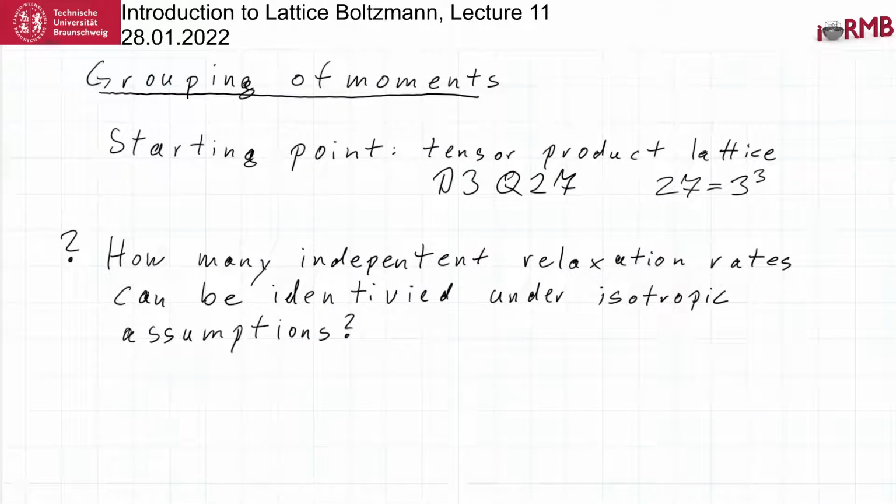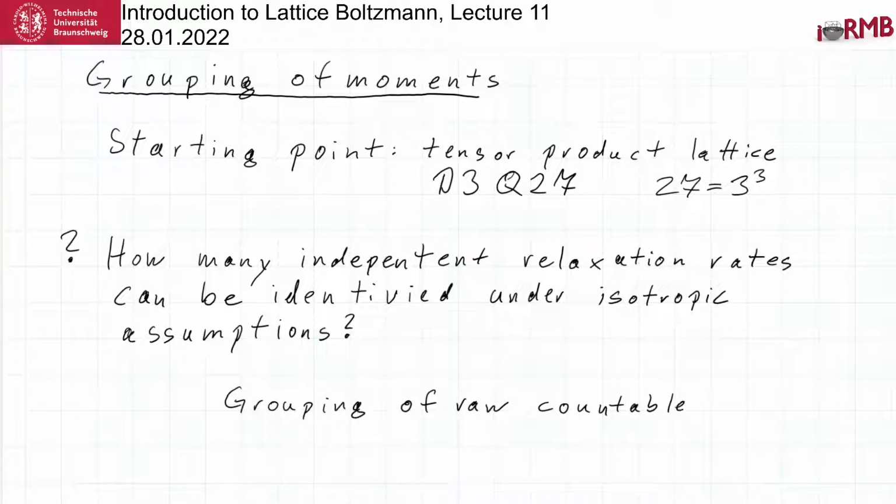And now we start with the grouping of our raw countable moments. And then we see that we have to make some adjustments to this.